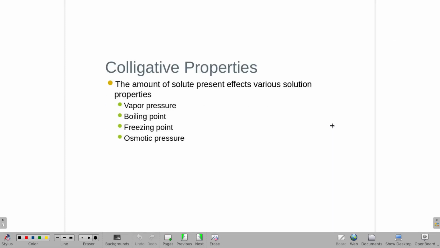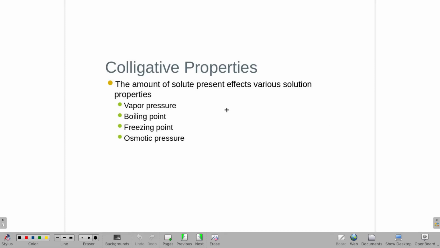Alright, all this stuff with our solution is going to lead us to some very interesting calculations. Now, these calculations aren't talking about the particular solute and how it does things. We're just treating the solute as a general impurity. But solutes dissolved in there will change the properties of the solvent. And those properties that are changed are the colligative properties.